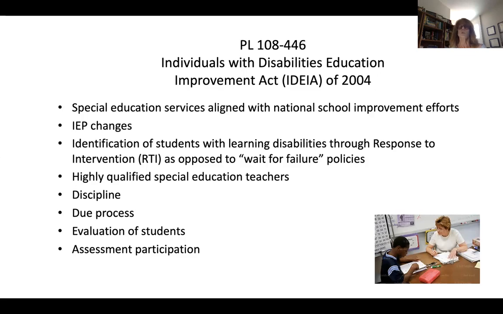We formally had looked at identification of students with learning disabilities through the lens of waiting-to-fail policies. And the subsequent research, as well as changes in the law, purported the use of response to intervention in order to ensure that children are supported for success.